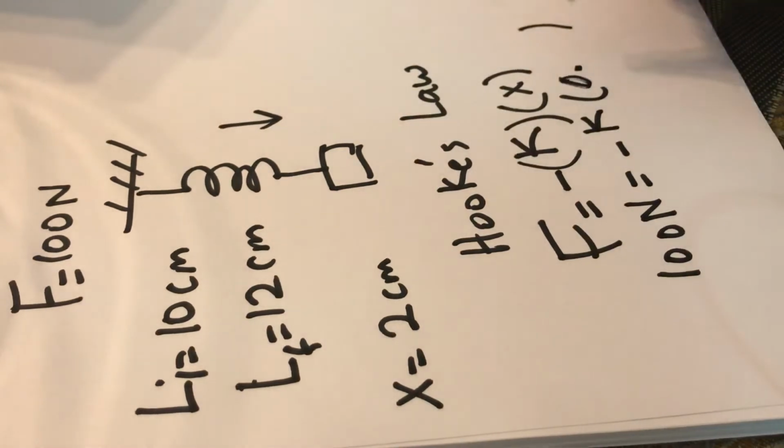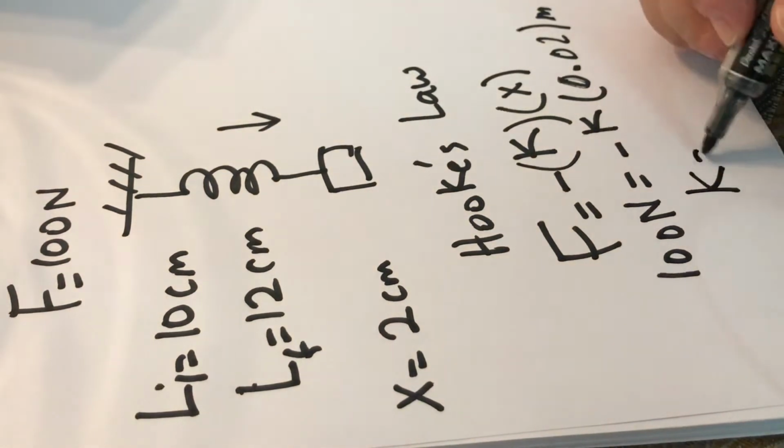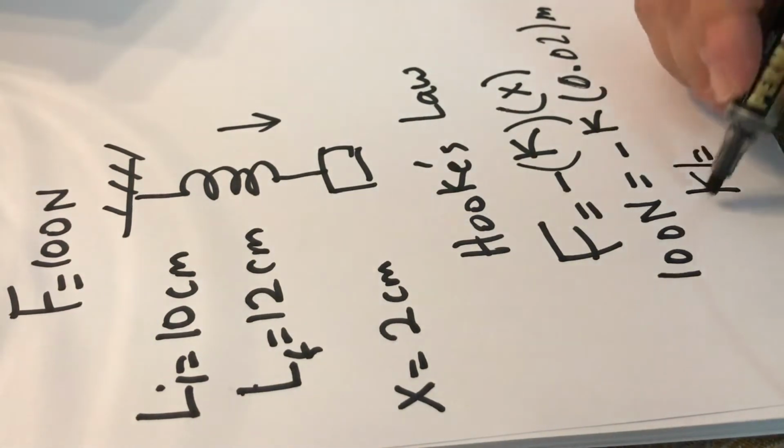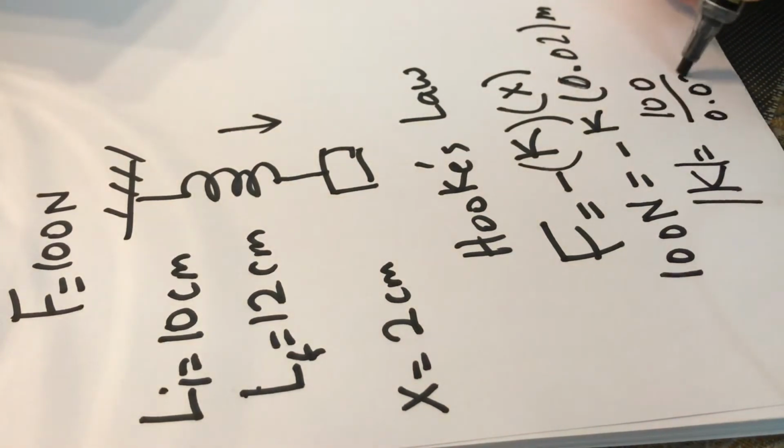So this is 0.02 meter. Then you will get k, in absolute value, equal to 100 divided by 0.02.